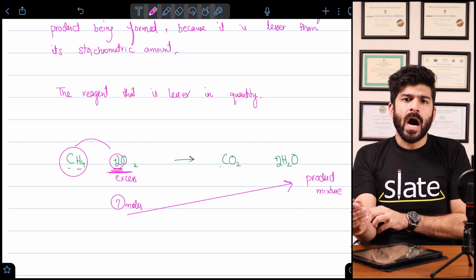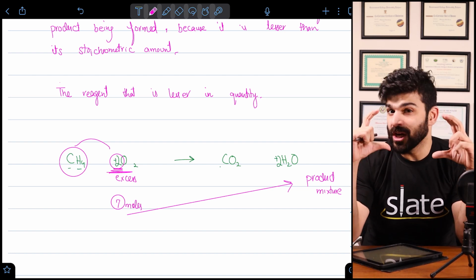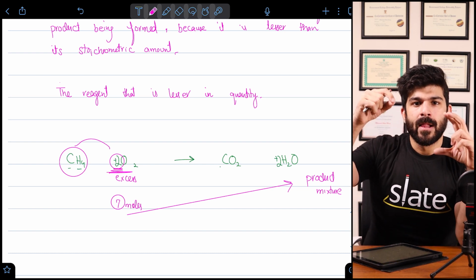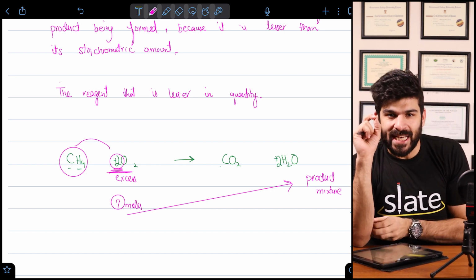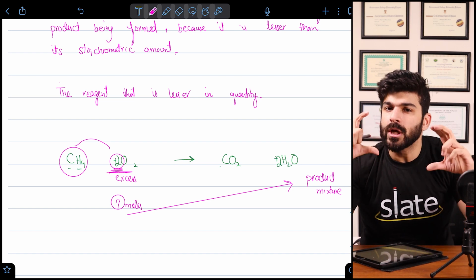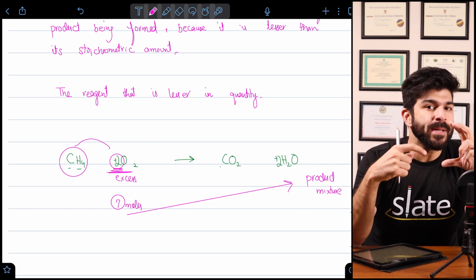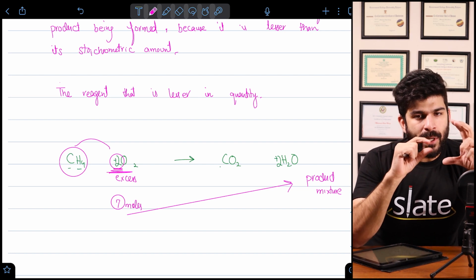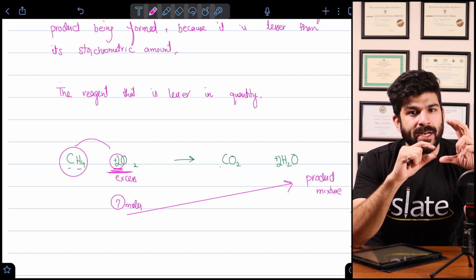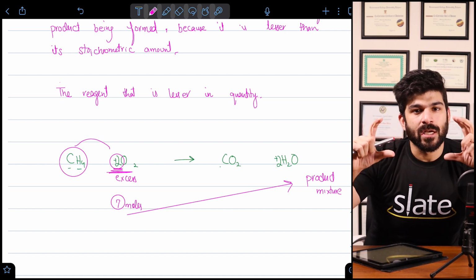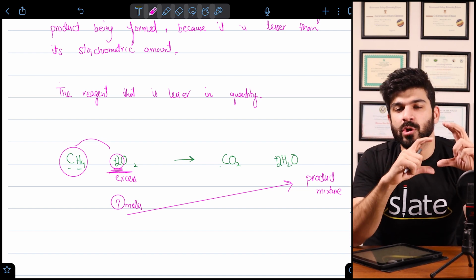For instance, I have a glass of water, I have a glass of sugar. We know that the sugar can be added to an extent. I cannot add the whole glass of sugar in water. So in the solution that is being made, only a limited quantity of sugar will be added and the rest is excess. So what is limiting the amount of solution?